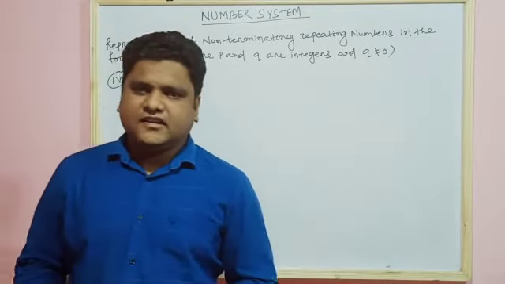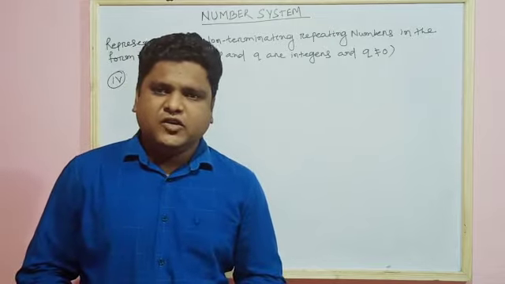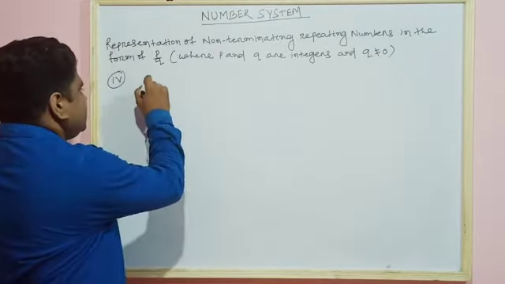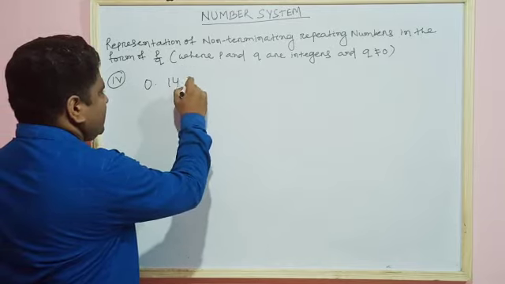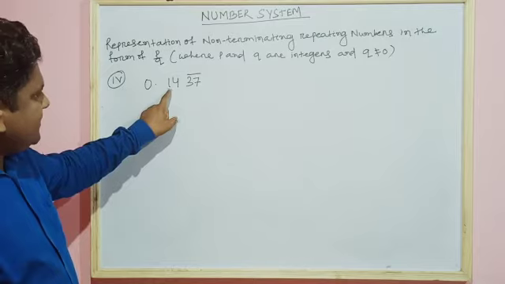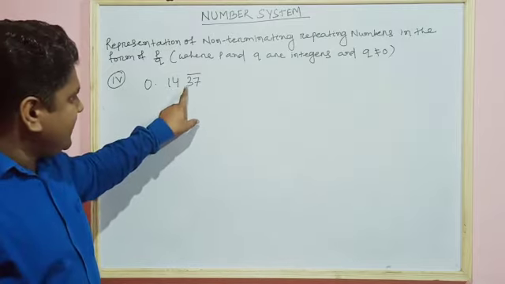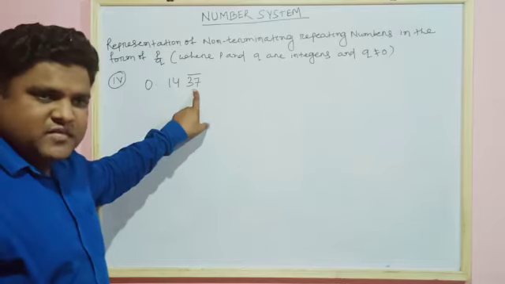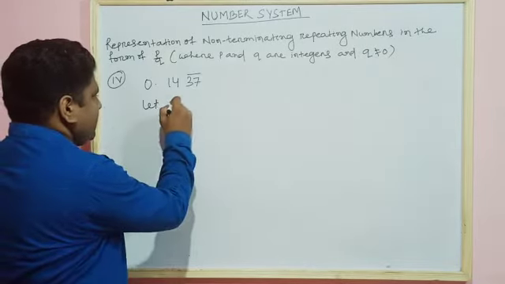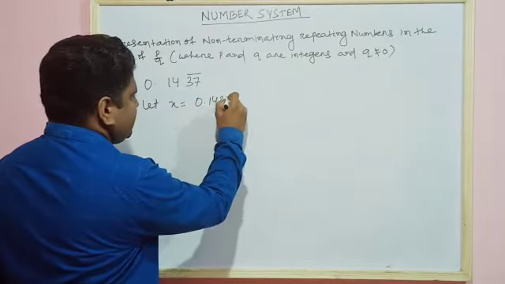Let's take another example, that is the fourth example for today. It is 0.1437 bar. In this case, after the decimal, on 2 digits bar is not present, and on another 2 digits bar is present. So let x equal to 0.1437 bar.